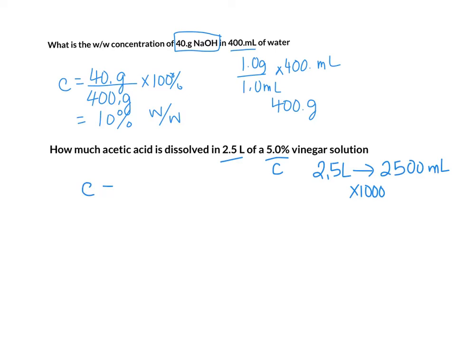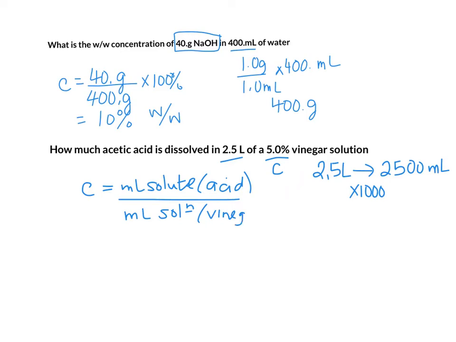So concentration is milliliters of solute, that's your acetic acid, over milliliters of solution, that's your vinegar, times 100%.